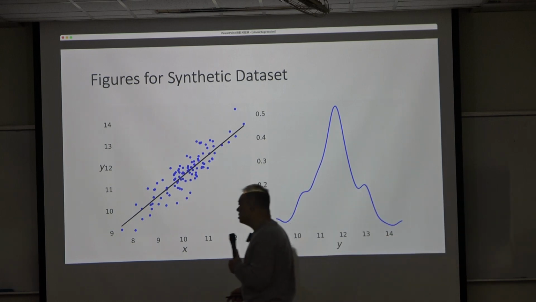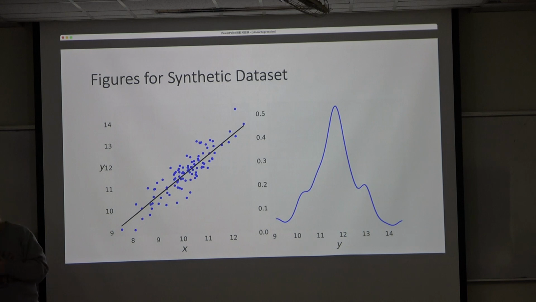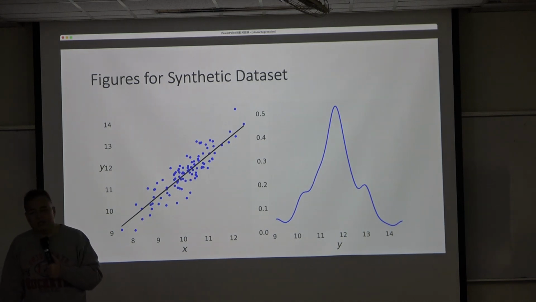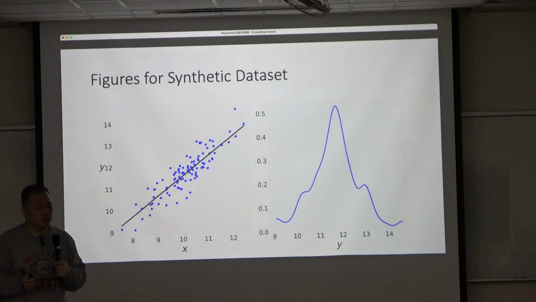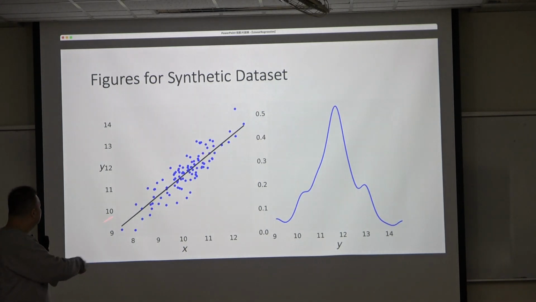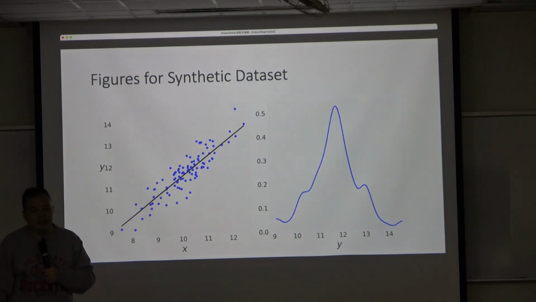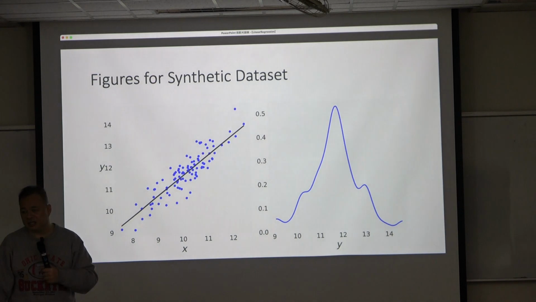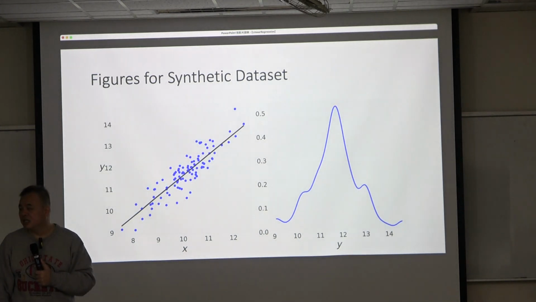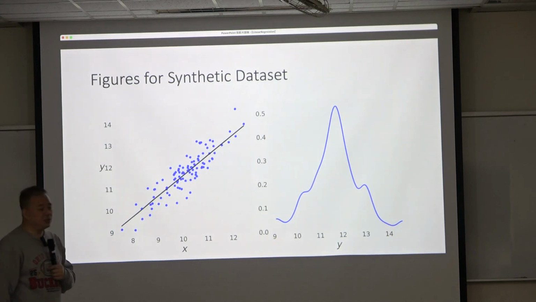It is not a real data set, but we intentionally generated it so that it looks like it follows a linear formula. Even if you do not look at this solid line, you can see there is a linear relationship between x and y. At least the correlation between x and y is high, right?